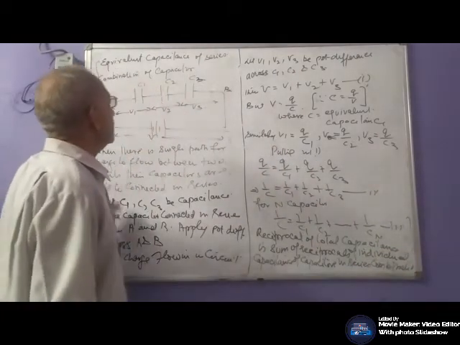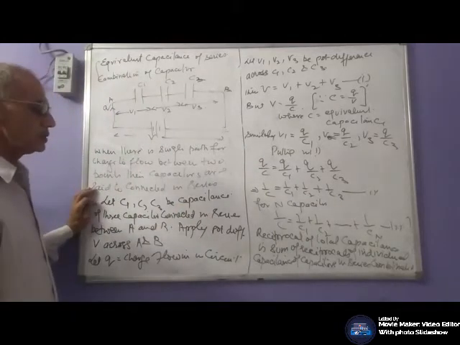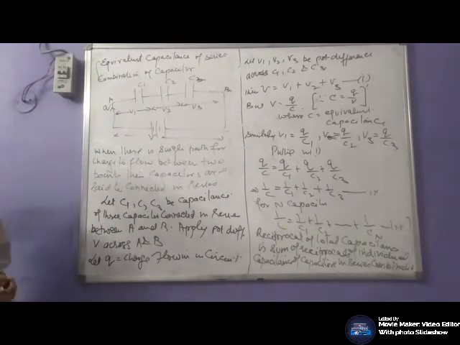So this is the equivalent capacitance, the total capacitance of a series combination of capacitors.